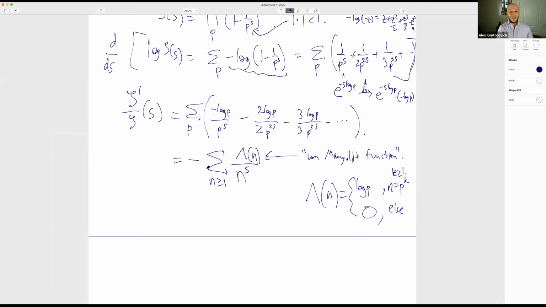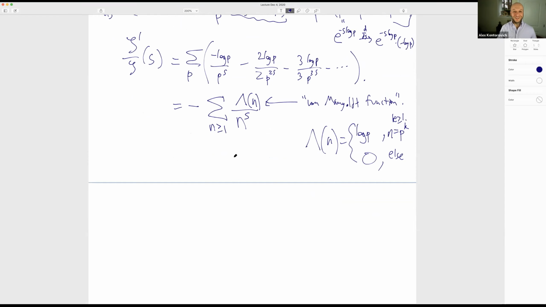So this, together with Perron's formula, is how we can access primes. Why? Let's take an inverse Mellin convolution.